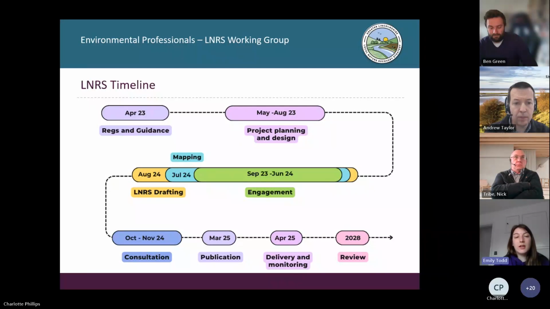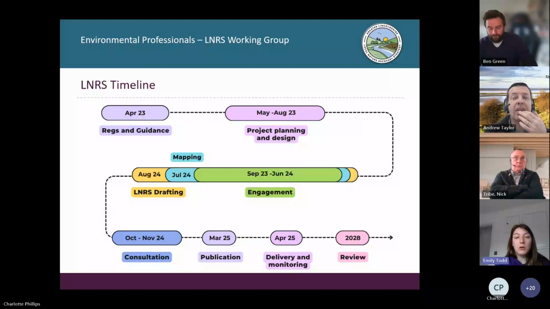So our predicted timeline, as I said, the regs and guidance came out in April 2023. We've been doing project planning and design until August last year, and then from the end of August, September time to June of this year, we'd like to engage with those working groups to help contribute to the strategy.